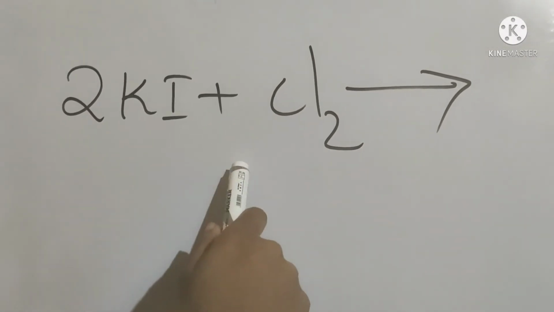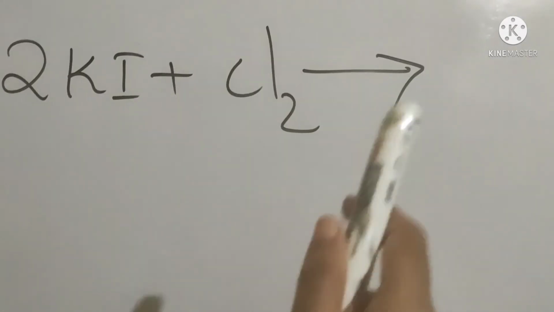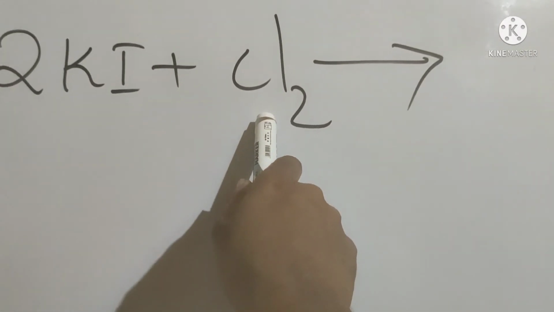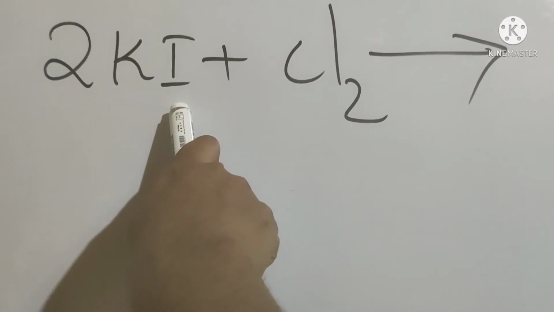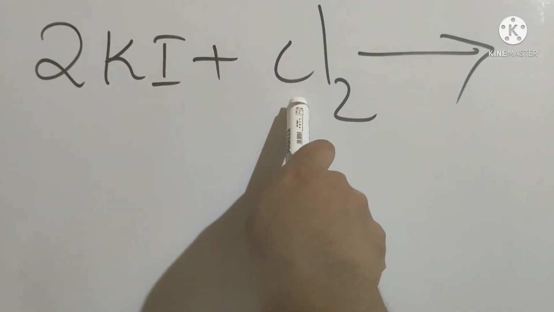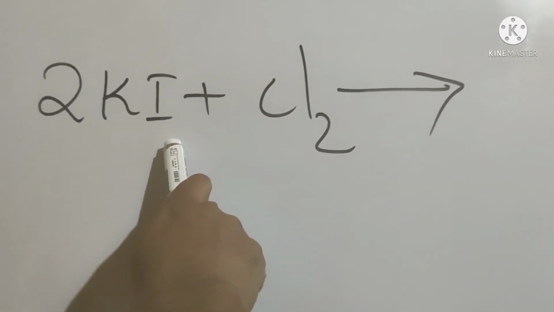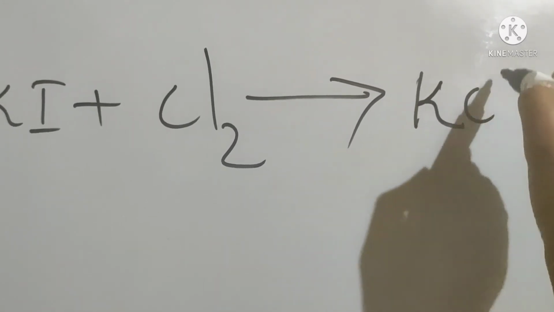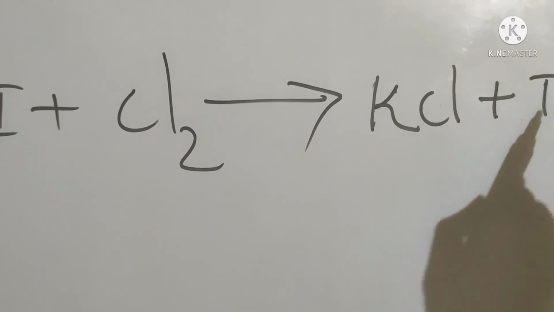Potassium iodide plus chlorine. Which is the most reactive element in the case of halogens? Chlorine. Chlorine is more reactive than iodine. Then the chlorine displaces iodine. Thus we get KCl, potassium chloride, plus iodine.